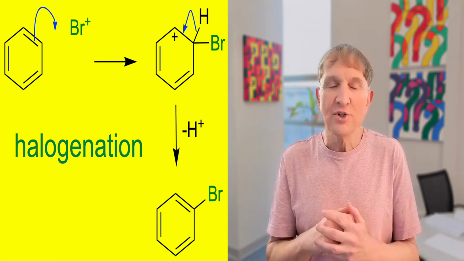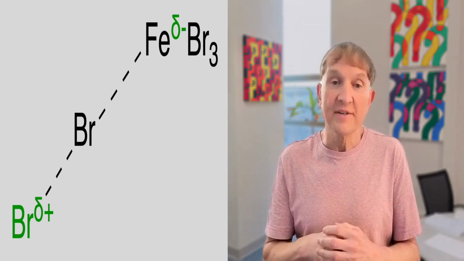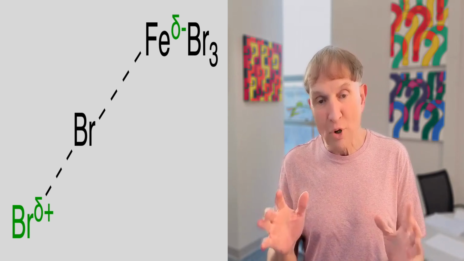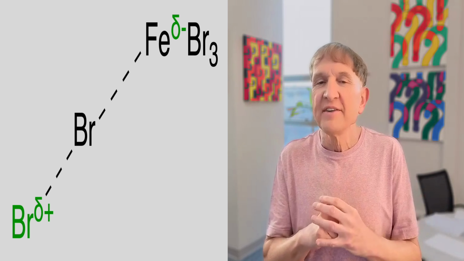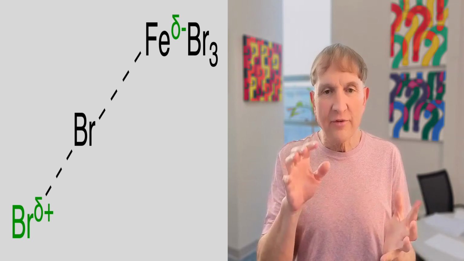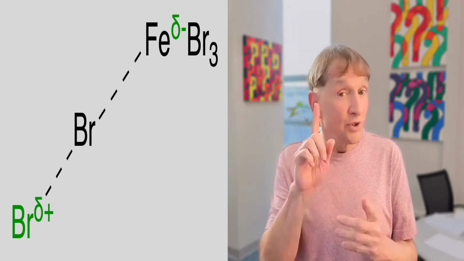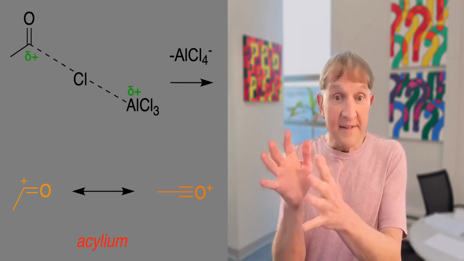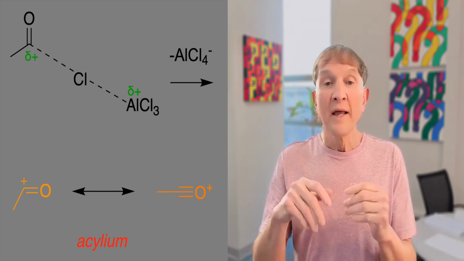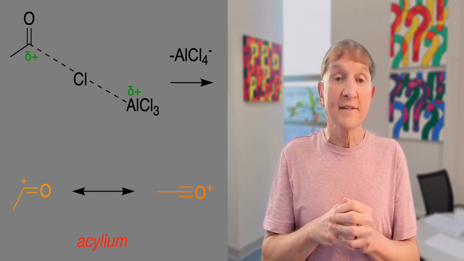So for bromination, we need Br2 and a Lewis acid, something like ferric bromide, to polarize the bromine a little bit more than is required in an electrophilic attack of bromine on an alkene, which doesn't require a Lewis acid. Acylation: the acylium ion comes from an acyl chloride in the presence of a Lewis acid.